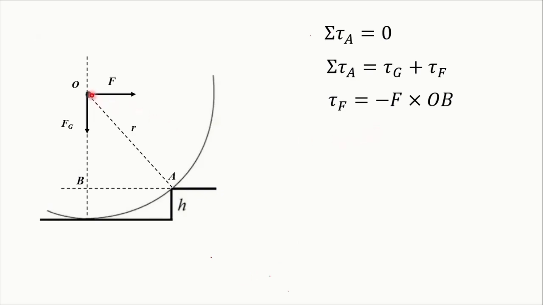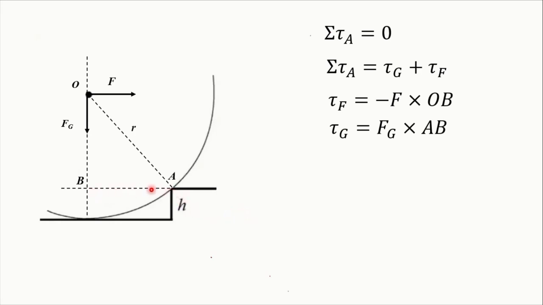Then we consider the lever arm for force Fg, which is AB, and then the equation for torque due to gravity is as follows. We have here the magnitude of force Fg and lever arm AB. We take here a plus sign because force Fg rotates the wheel in the counterclockwise direction.